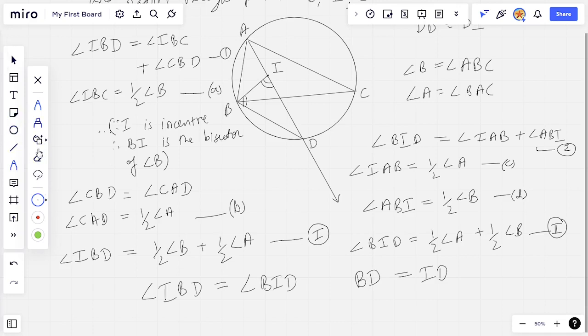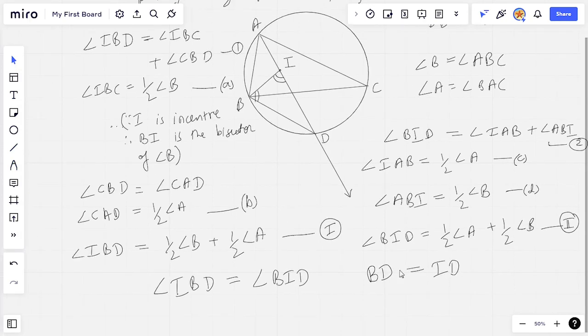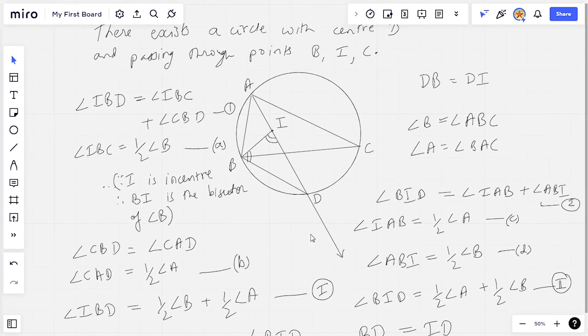So BD is equal to ID is what we have proved here, which is exactly what we intended to show. DB is equal to DI.